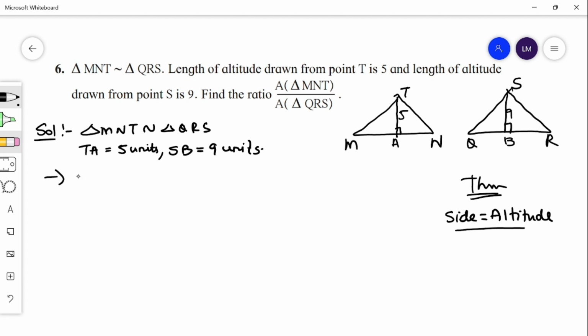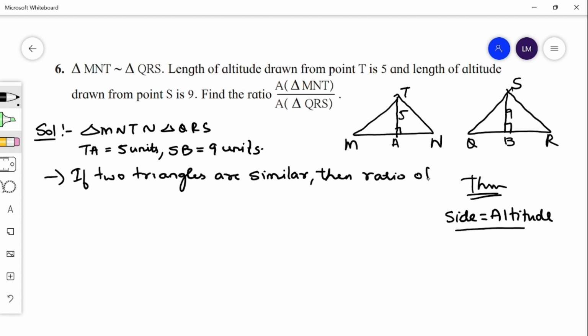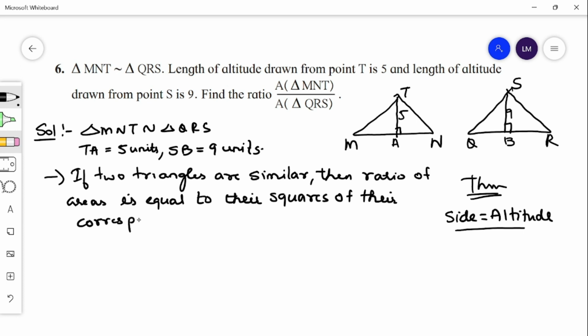So we can write that if two triangles are similar, then the ratio of areas is equal to the squares of their corresponding altitudes.